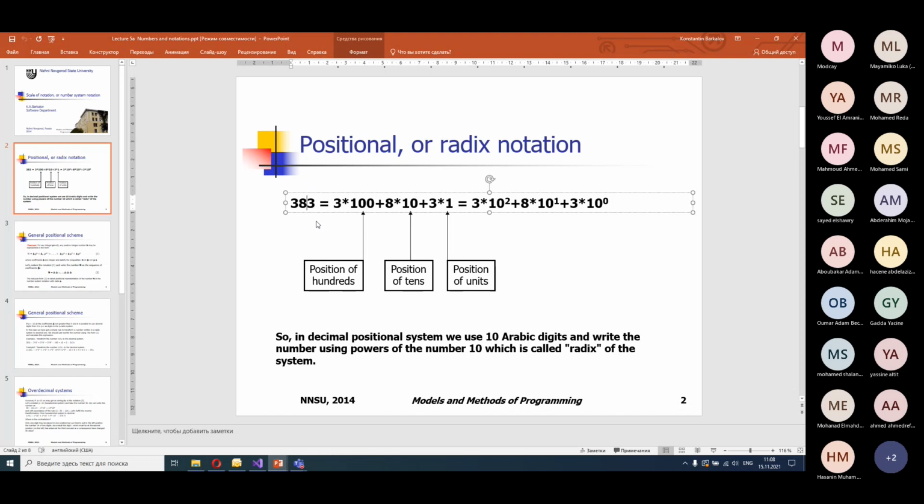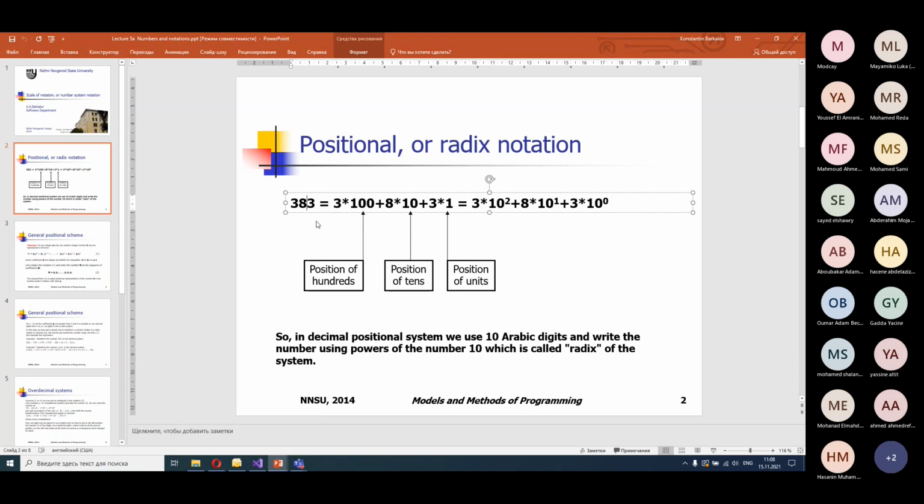This system of notation is called the decimal system of notation. And to write a number in this system of notation, we use 10 digits. Let me repeat again that in different countries these digits are called differently.